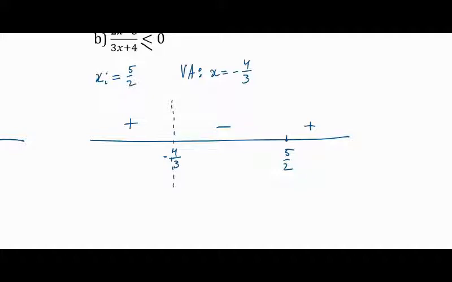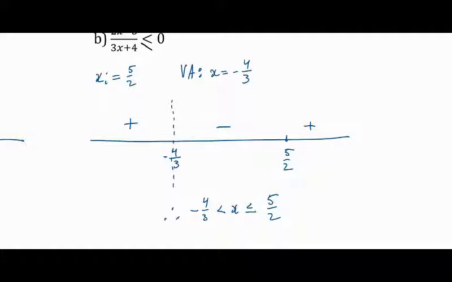So if nobody ever talked about that before, it might be curious that our solution is -4/3 less than x, less than or equal to 5/2. Why is this one just less than and this one is equal to?